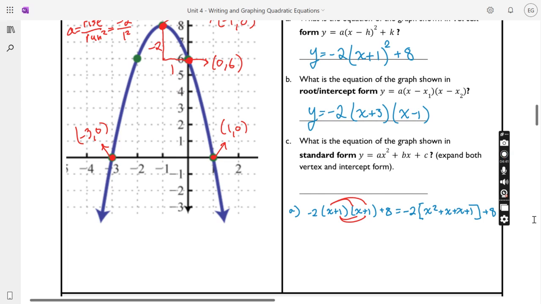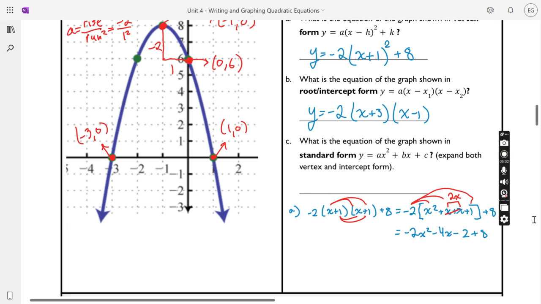Keep in mind that 2 x's turn into 2x. So I'm not going to write that there. Next, I want to distribute this -2. Going to look something like -2x squared minus 4x minus 2 plus 8.